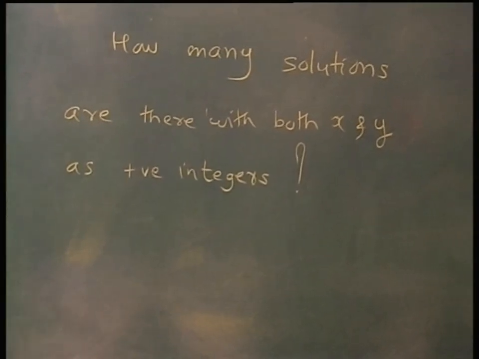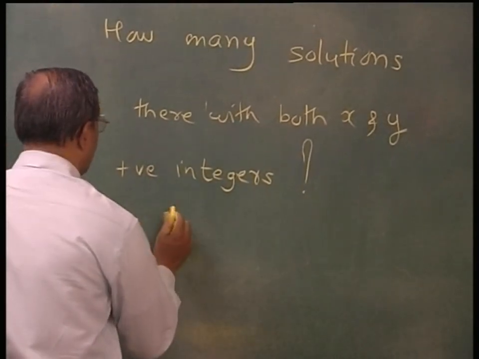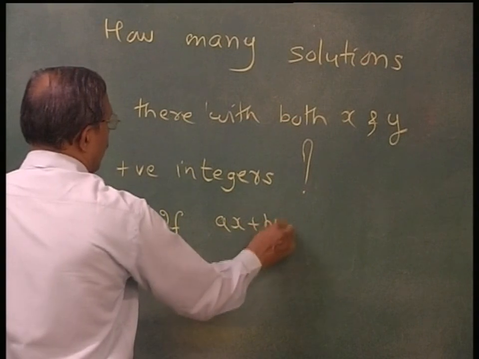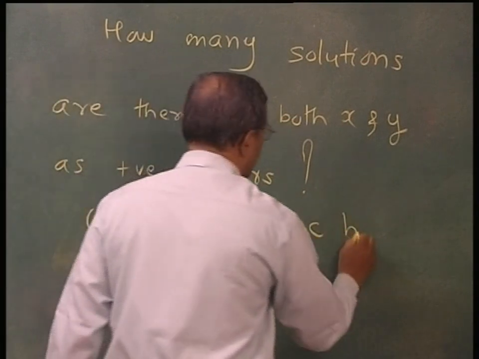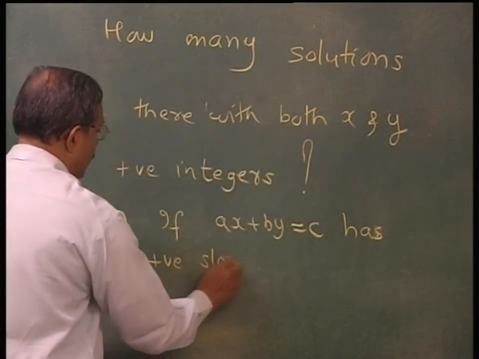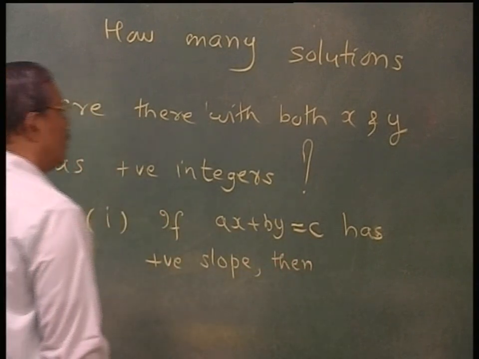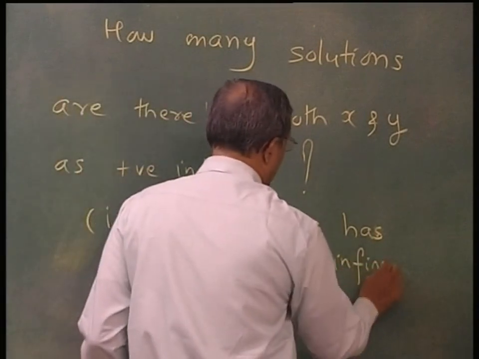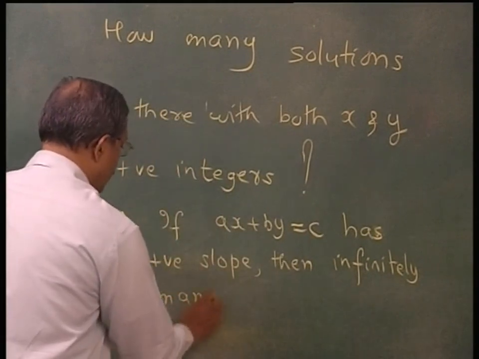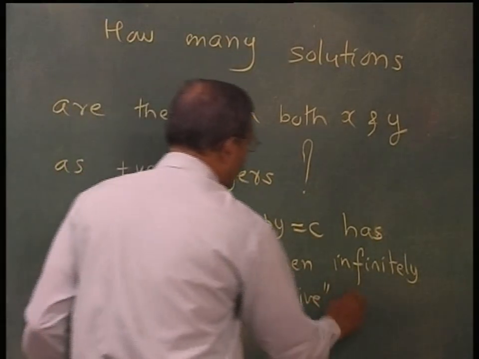So one, if ax plus by equal to c has positive slope, then infinitely many positive integer solutions.